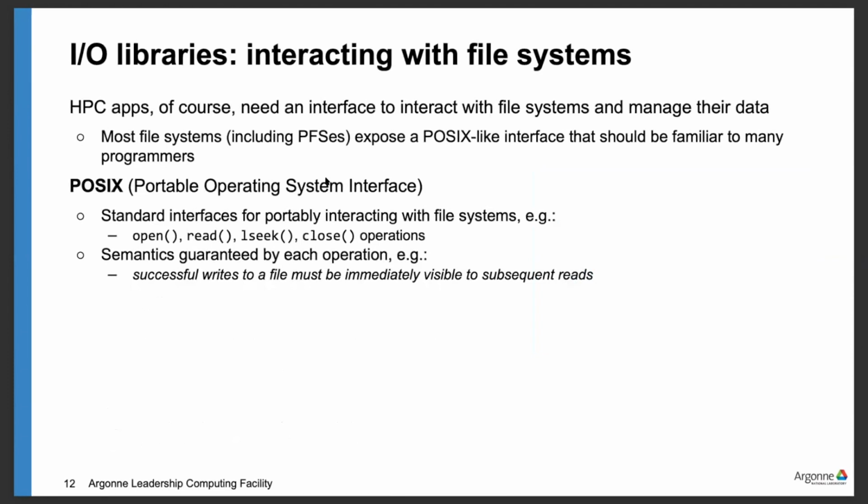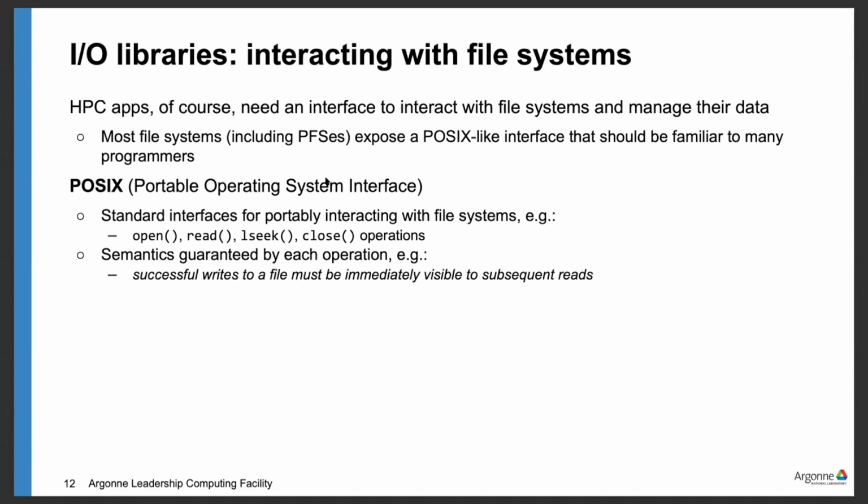Next, we'll move on to the I/O library, so how you actually interact with storage. Of course, we'll need some sort of interface for interacting with file systems to store our data. The good news is that most of these big parallel file systems expose POSIX-like interfaces that we're very familiar with from different computing contexts.